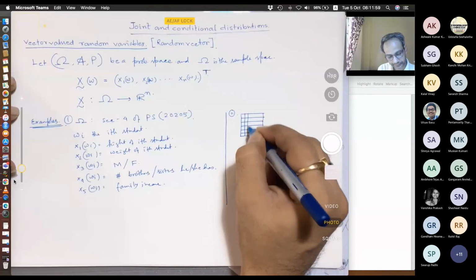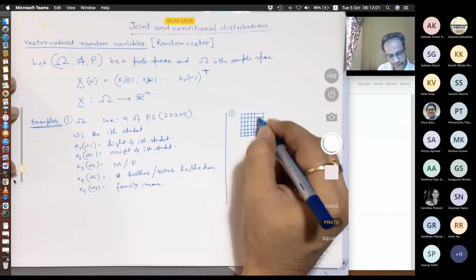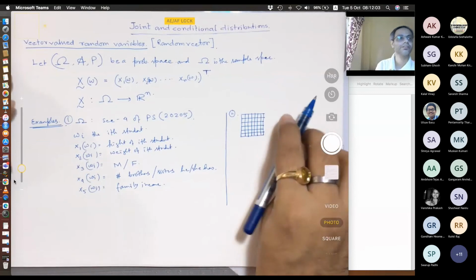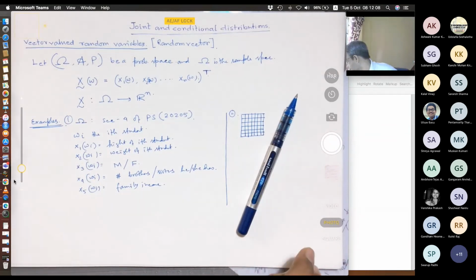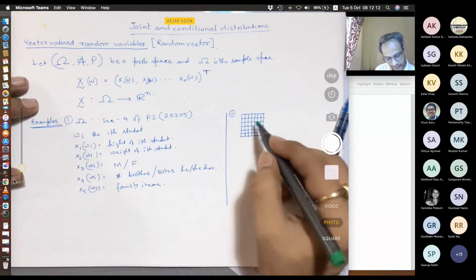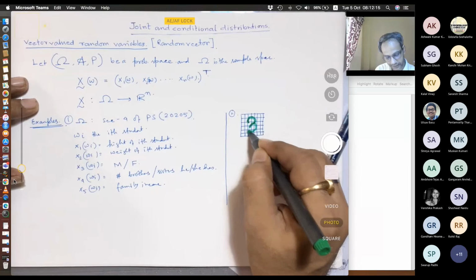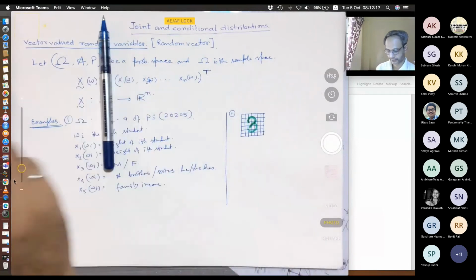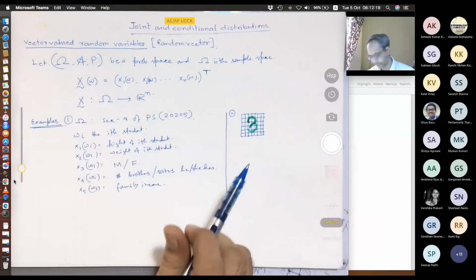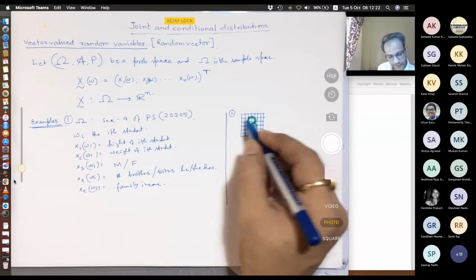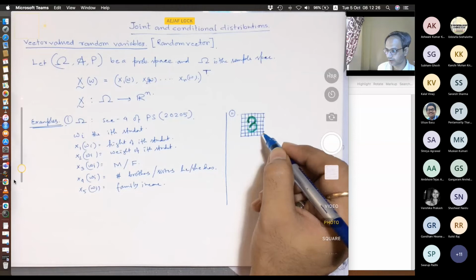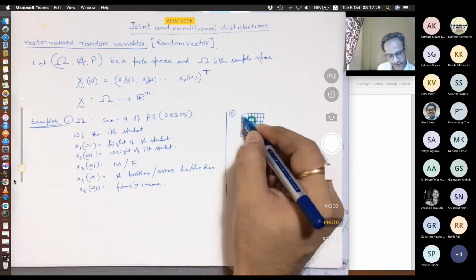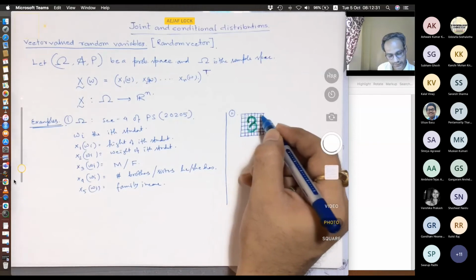Say in handwritten image analysis, you have a number, say a written 3. The number of rows and number of columns give that many grid points, and for each grid point you have some value.